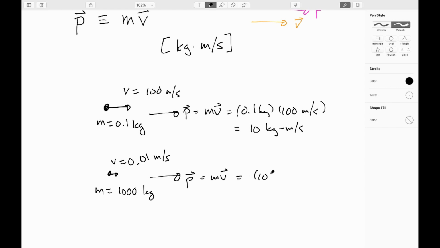So this would be 1,000 kilograms times 0.01 meters per second, which is still 10 kilogram meters per second. So to have a decent amount of momentum, you could be a lightweight object moving real fast, or you could be a heavy object and still have decent momentum moving quite slowly. So it's a combination of the two things.